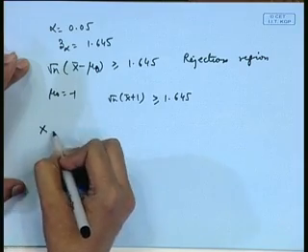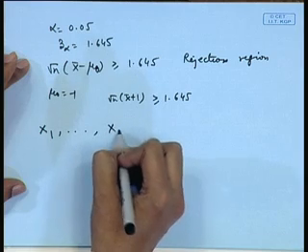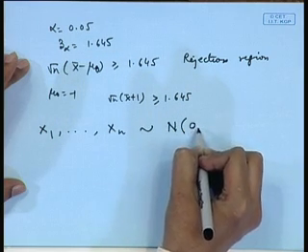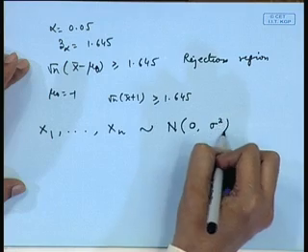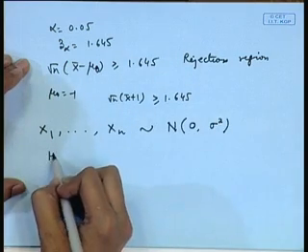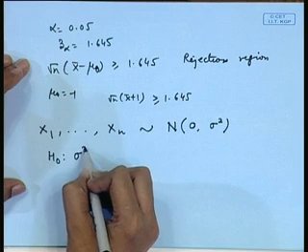Suppose we consider testing for the variance in the normal distribution case. Let me take x1, x2, ..., xn. For convenience, let me take the mean to be 0 and variance to be sigma square, and we are interested in making a test of hypothesis about sigma square.